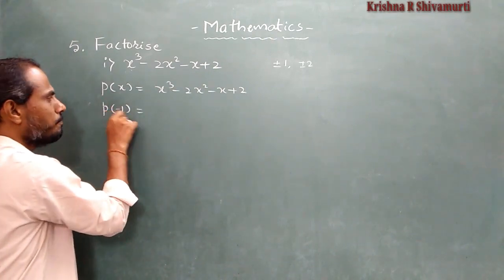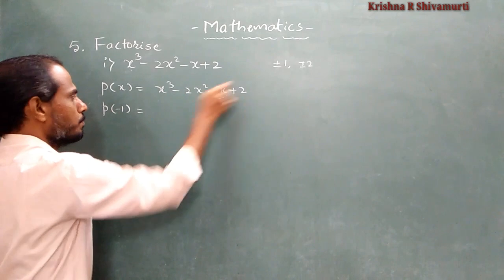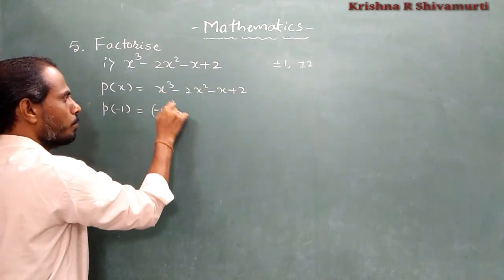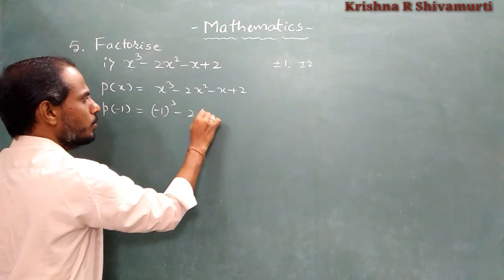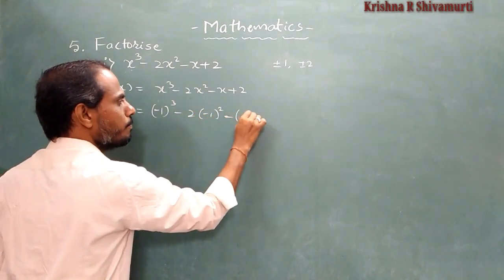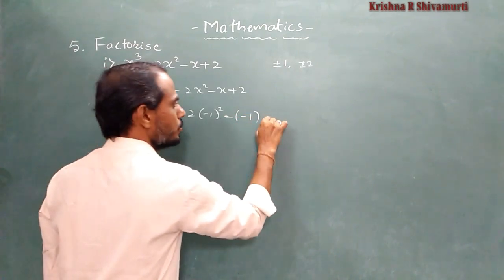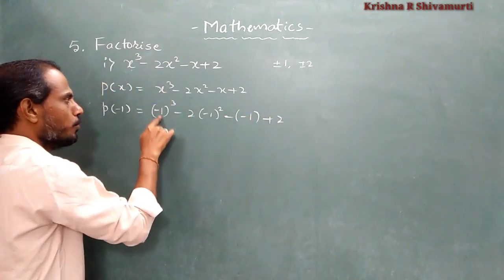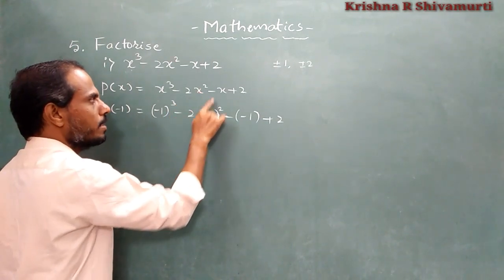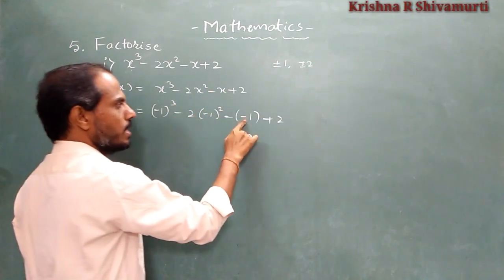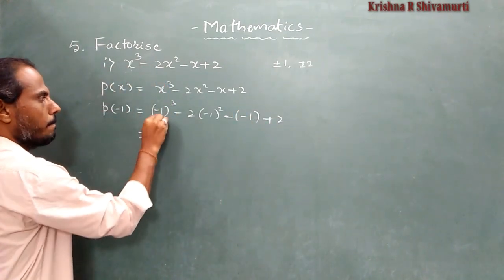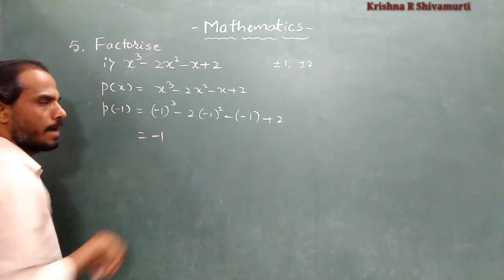Okay, p of minus 1 is equals to, where the x, put the minus 1: x cube, minus 1 cube, minus 2 into minus 1 square, minus of minus 1, plus 2. Okay, x cube is minus 1 cube, minus 2 as it is, x square is minus 1 square, minus as it is, x value is minus 1, plus 2. Minus 1 cube is minus 1.